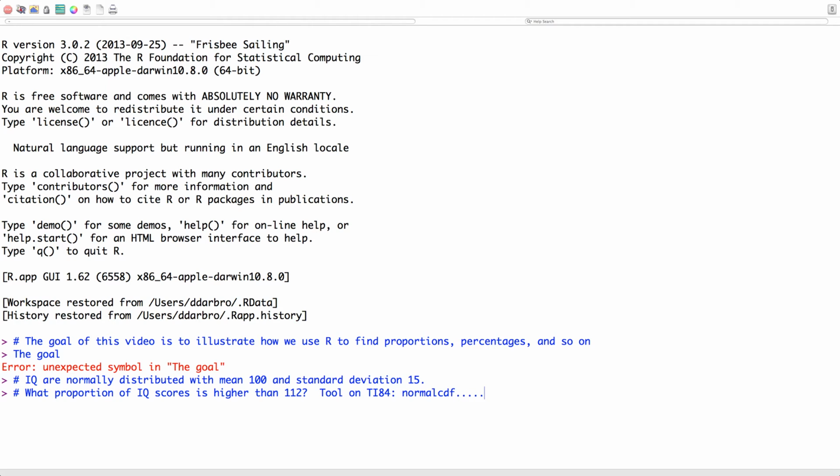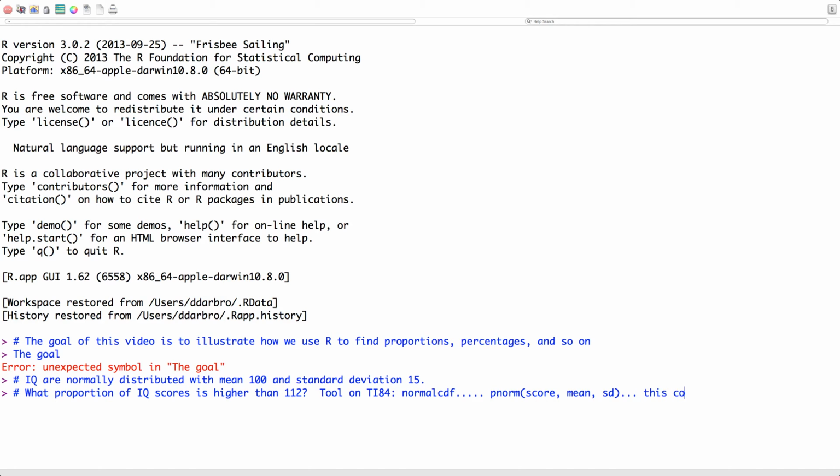The command that takes its place in R is called pnorm. The pnorm command requires you to put in three things. First, the score. Second, the mean. And third, the standard deviation.